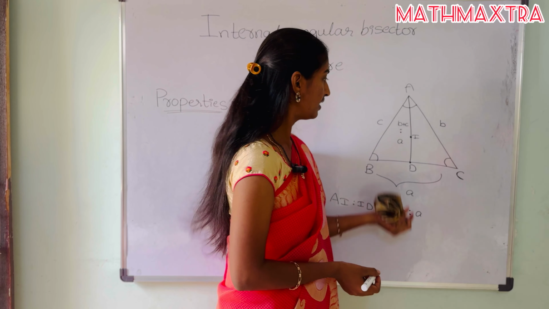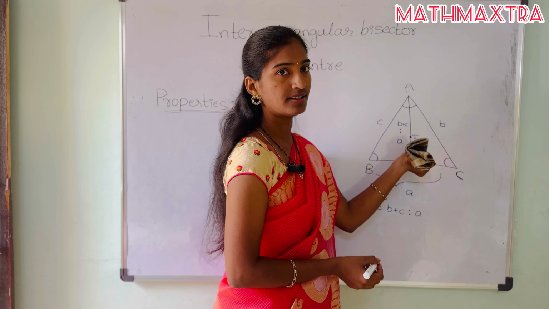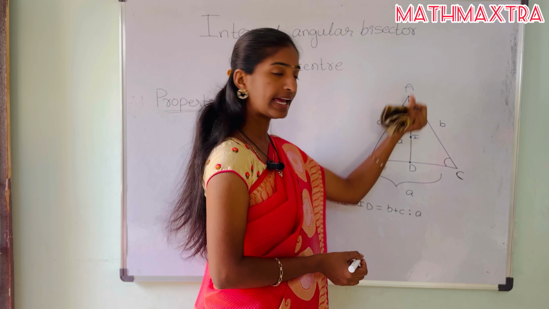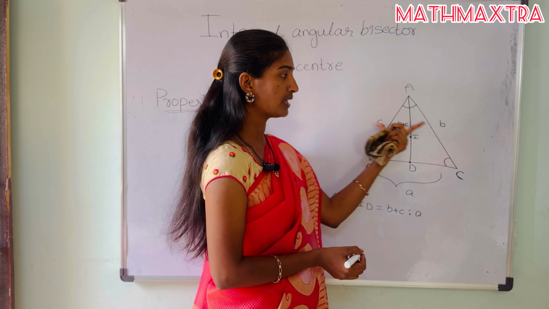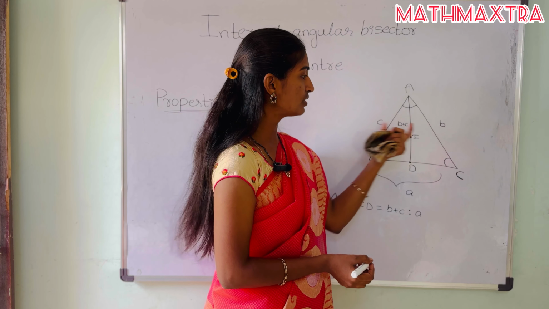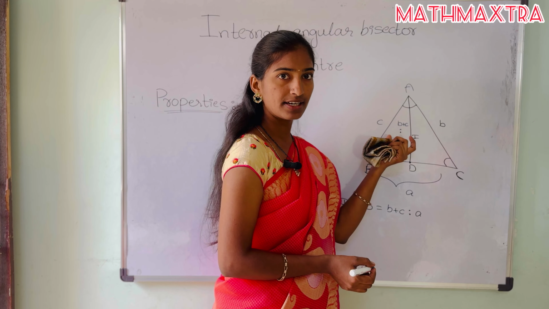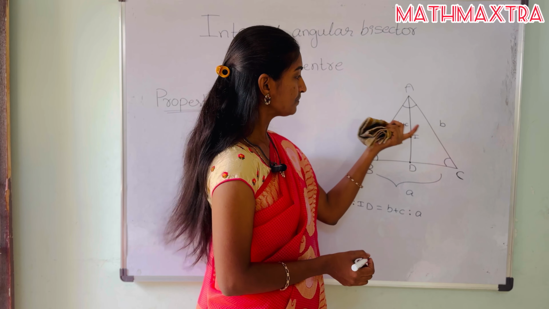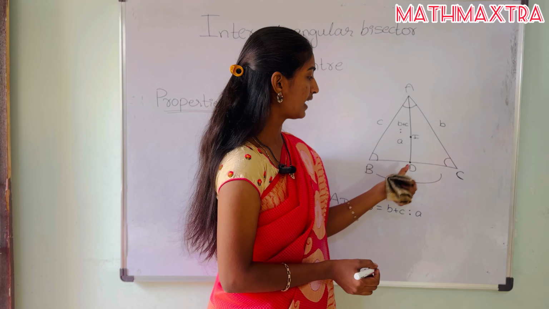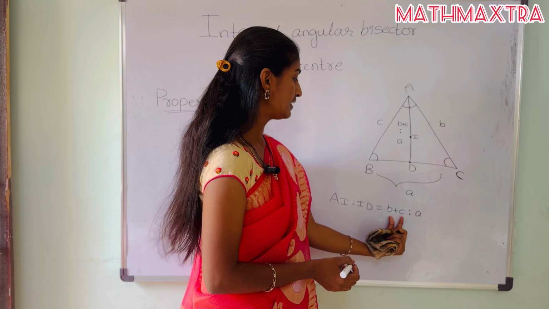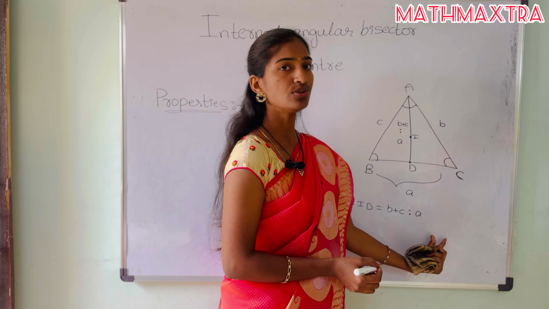So did you understand? This incenter divides the internal angular bisector in the ratio of the sum of the two sides. These two sides are on either side of the internal angular bisector, isn't it? Sum of these two sides and the other side. That is b plus c is to a.